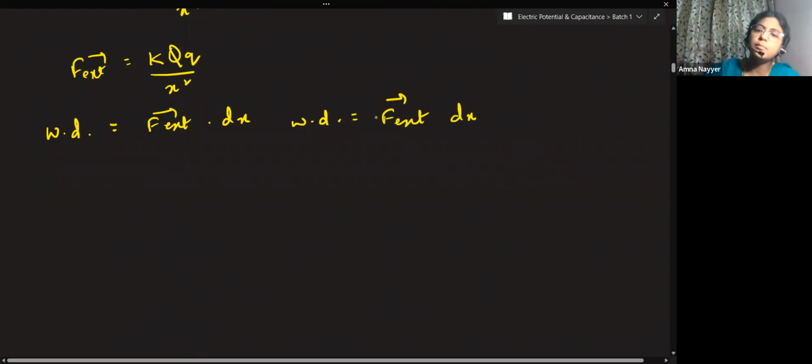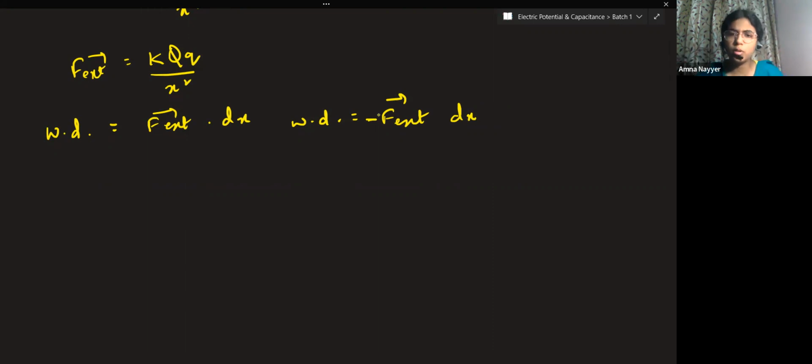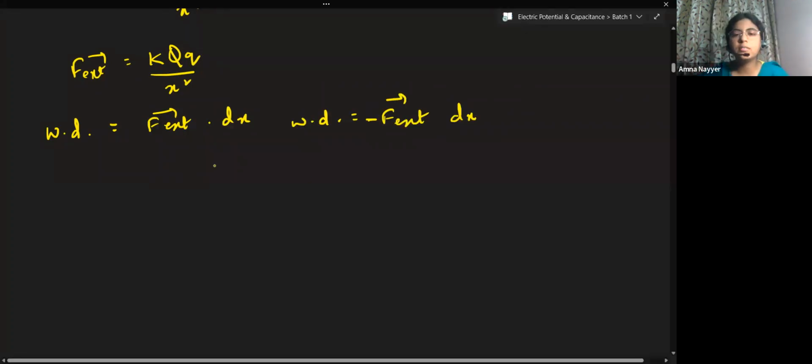Cos 180 degrees is -1, so I'm writing this minus sign in advance. The reason for this minus sign is that the angle between displacement and external force is opposite, so the angle is taken as 180 degrees. Now see, dW, because we have taken a very small element, we do not get the whole work done, we get a very small element of the work done.